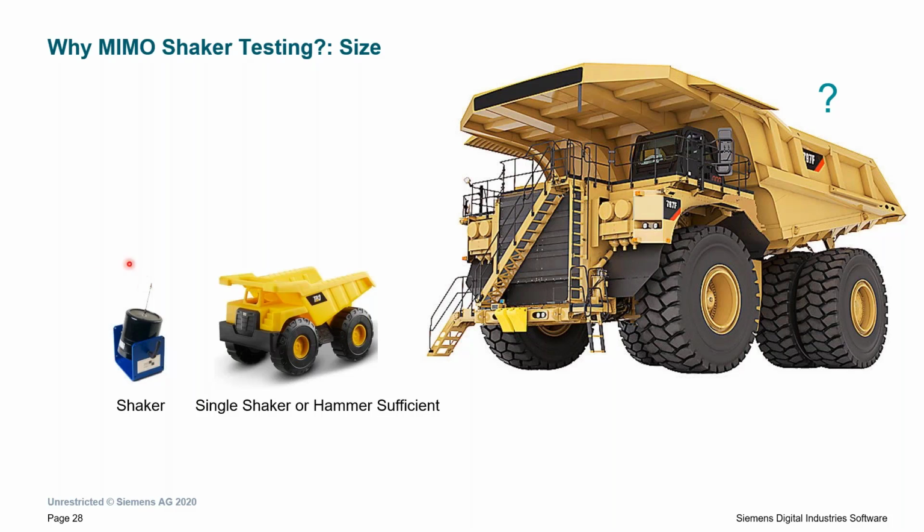And I don't think 1 shaker is going to be enough to excite this structure appropriately for me to see all the modes. So we might want multiple shakers here. And if I have multiple inputs, I'm going to get multiple outputs. But I can set up 2, 3 shakers here and get the force into this vehicle at different points. And then I can get that test or that modal matrix to analyze a lot quicker.